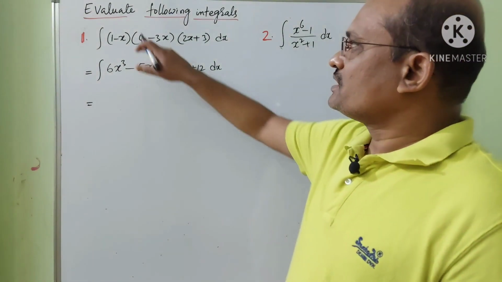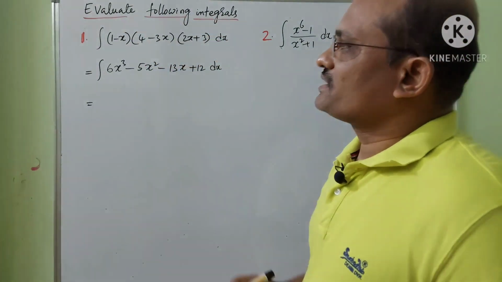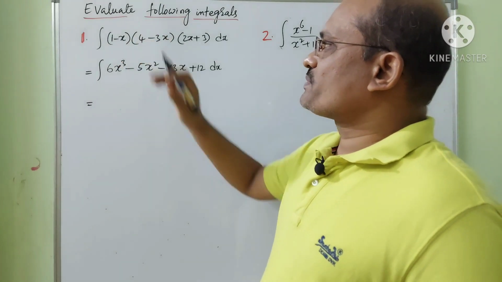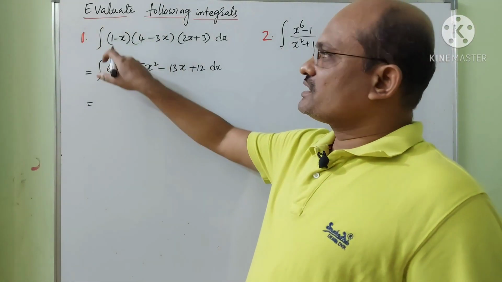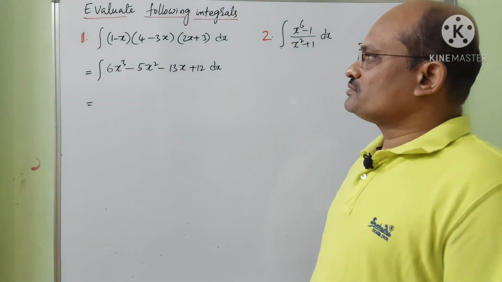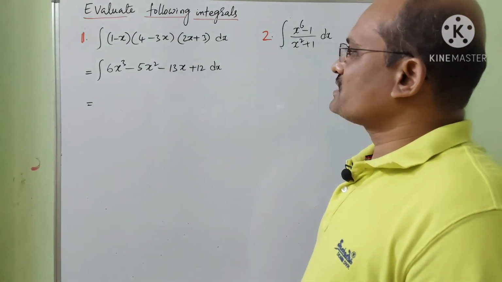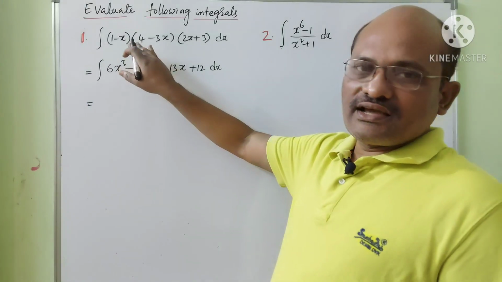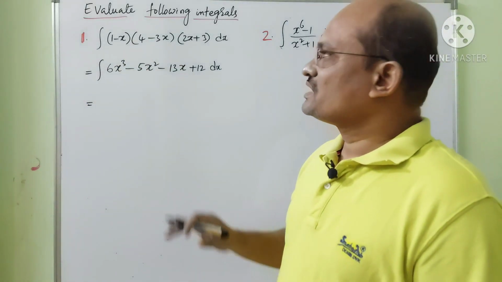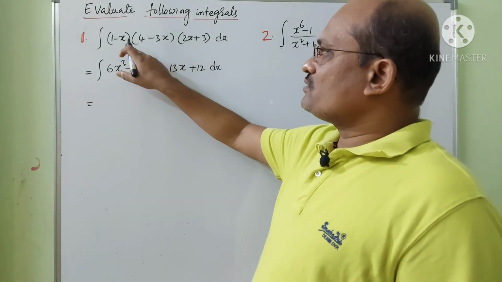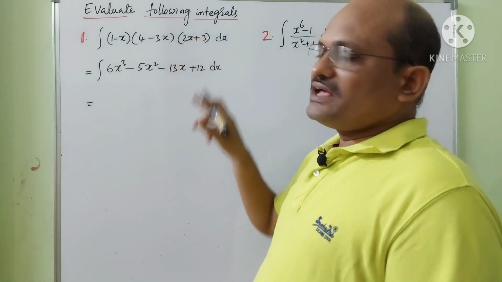Okay, evaluate the following integrals. First problem: the integral of 1 minus x into 4 minus 3x into 2x plus 3 dx. We have to evaluate this integral. Inside the integral we have a product of 3 linear factors.